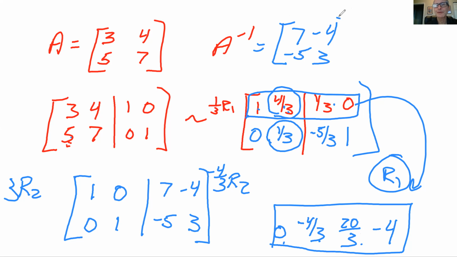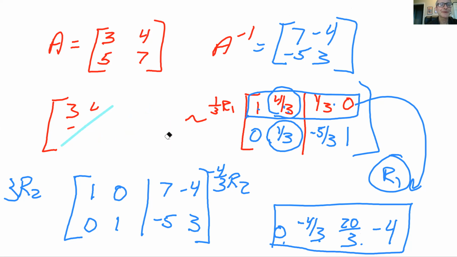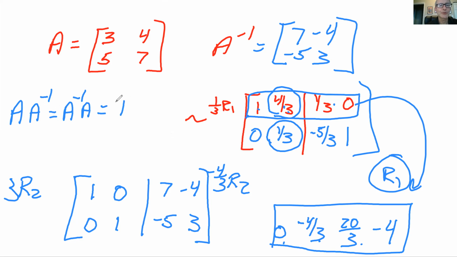And so I will let you do this if you're interested. I'll never know if anybody does it, but if you did this, A times A inverse, or A inverse times A, will always equal the identity matrix I.